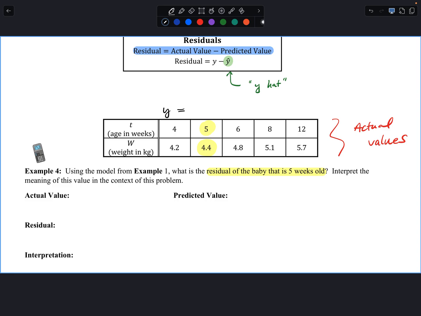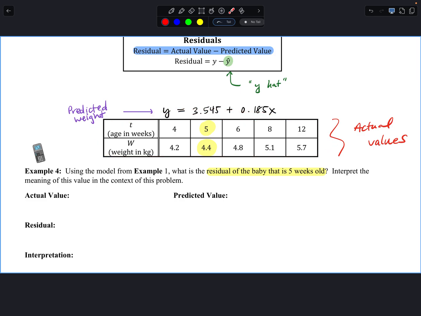Can you tell me what the equation was when we found the regression? 3 point what? That's it? Okay. So this is our equation. This gives us the predicted weight. So this estimates what the weight would be. This is the actual data from a baby. Does that make sense, guys?